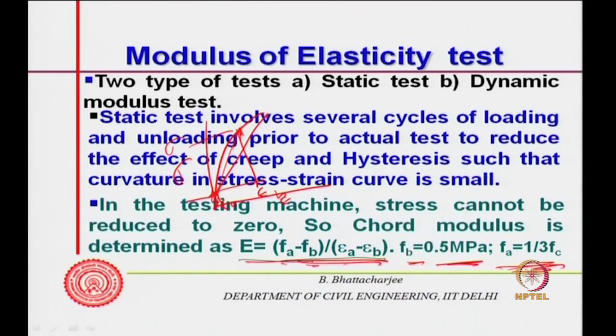So, you find out the Chord's modulus according to this, and the code suggests how far you have to go to test. 1/3 Fc is the elastic limit, and often you might find it right there. All right. So, this is how we determine the static modulus of elasticity.